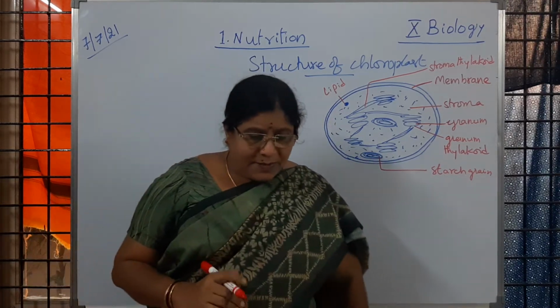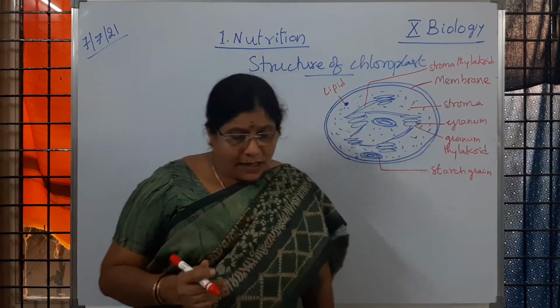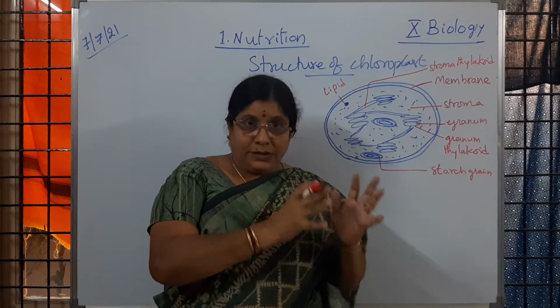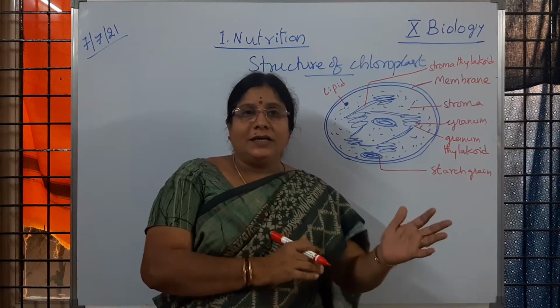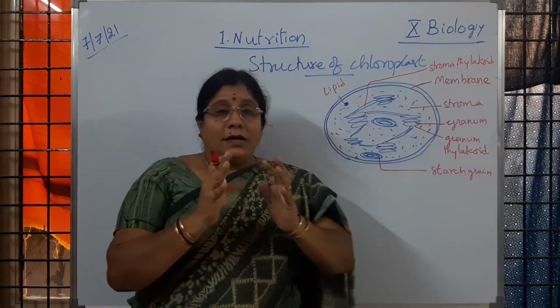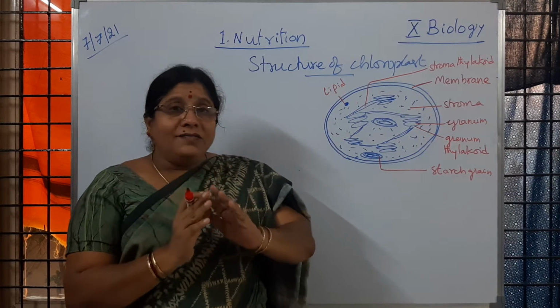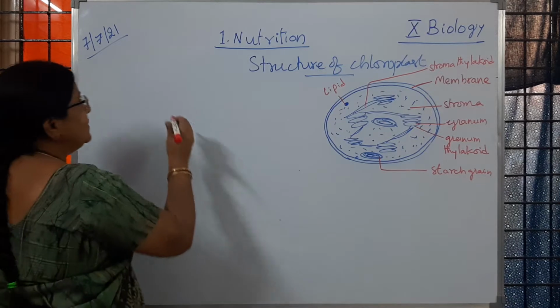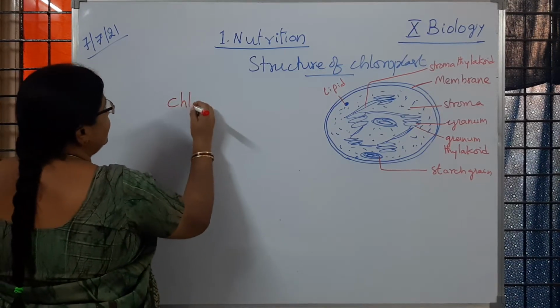Then coming to the next point here, the substances which are present in the chloroplast. Yesterday also we learnt about that. So in chloroplast, along with the chlorophyll, you know that chlorophyll gives green color. Is it not, children?